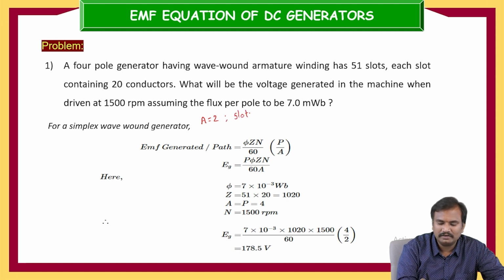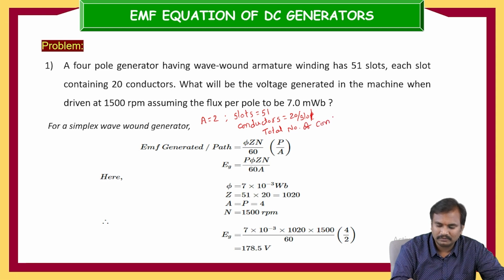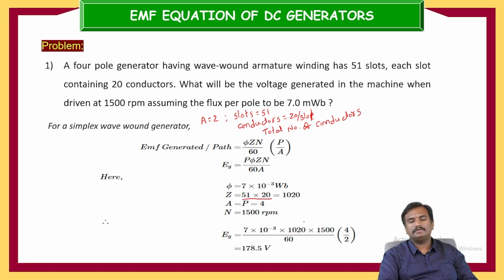Number of slots is 51, with 20 conductors per slot, so the total number of conductors is 51 into 20, that is 1020 conductors.